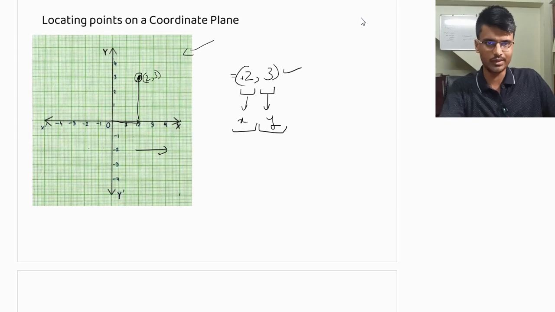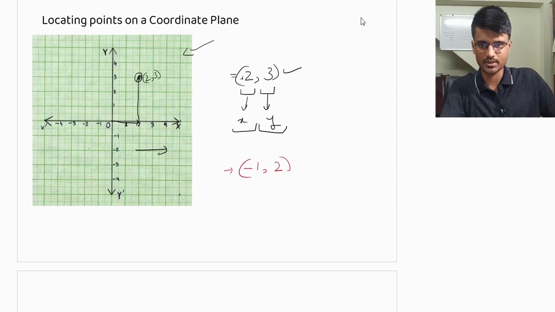Again we'll use the same logic. If I have to plot (-1, 2), say, the first x coordinate is minus, so I'll go in this direction. This is my -1, and for 2 I have to go upward along the y axis. So -1 and 2 units in the vertical direction. This is my (-1, 2).